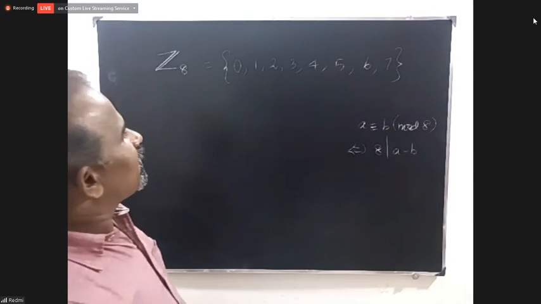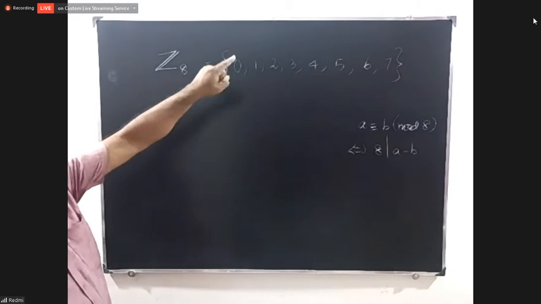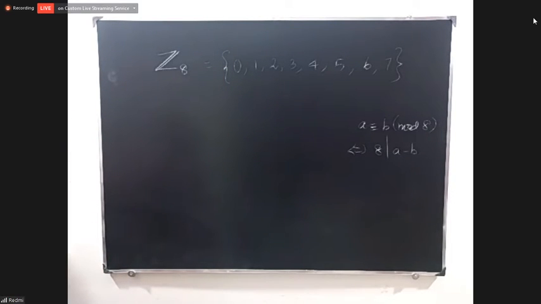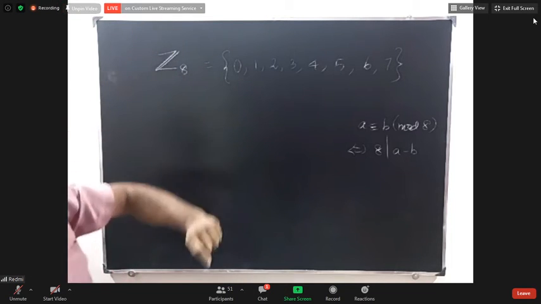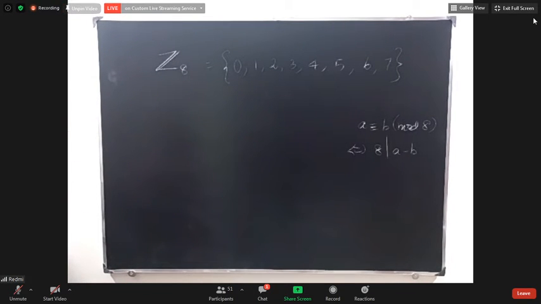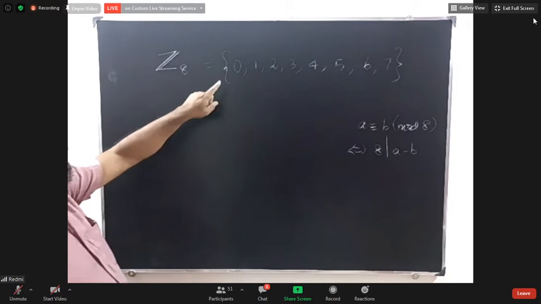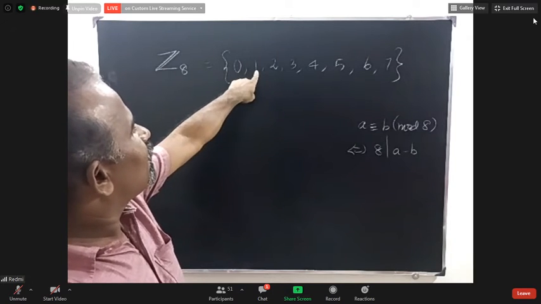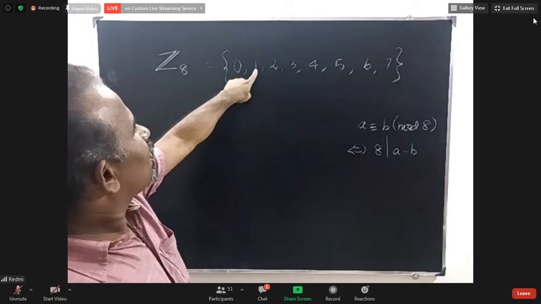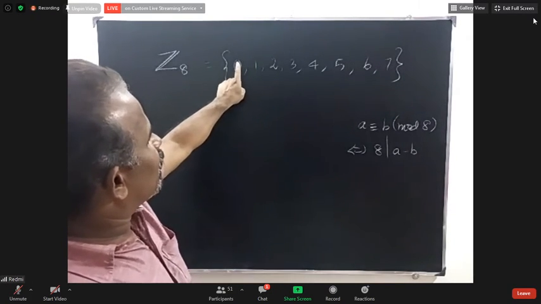Here, this is a cyclic group. Because Z_8 is a group, first of all. It is a group with respect to addition. 0 is there, 1 is there. 0 is there, so the identity exists.